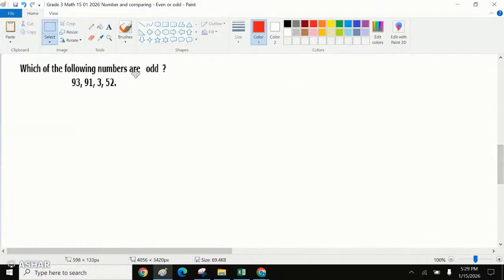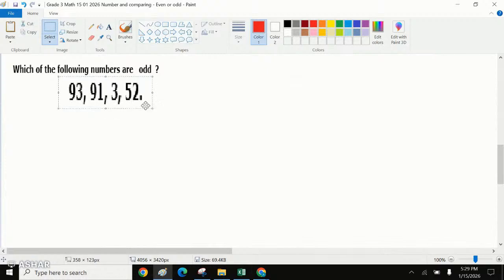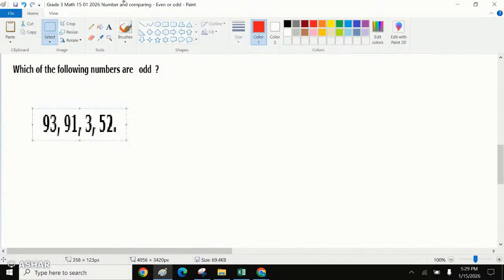For this question, they're asking us which of the following numbers are odd numbers. Okay, let's suppose this was question number 14. Can you give me the odd numbers out of these numbers? The easier way would be to find the even number, right?